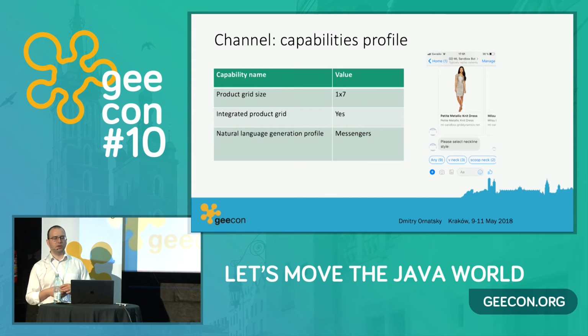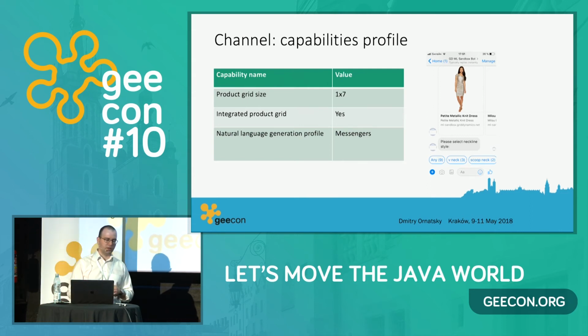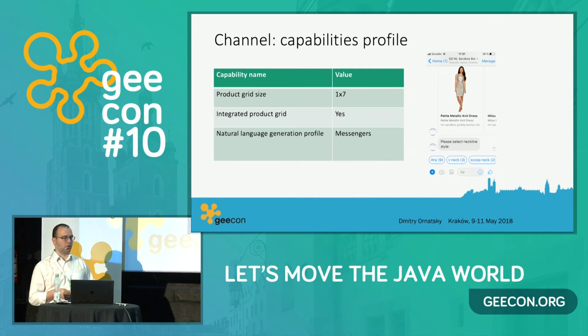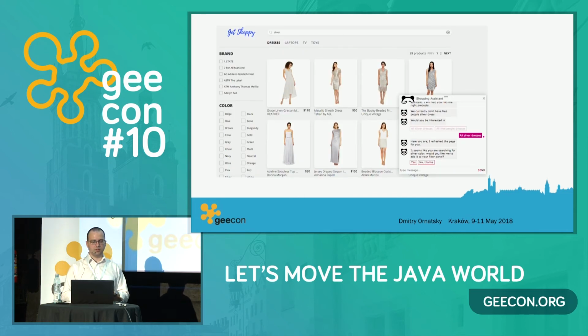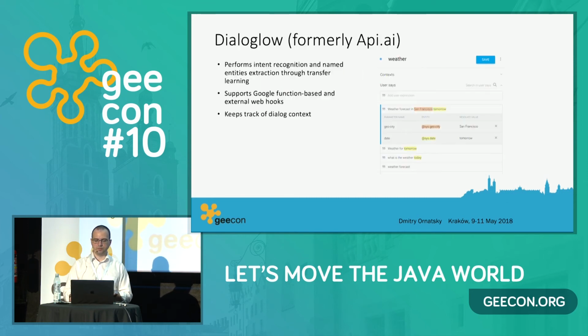So there are many adaptations that have to be made, and this is basically your configuration that allows the channel to work a particular way while using the same conversational core. As you can see, the grid on the desktop side is much wider than it was on the mobile phone.